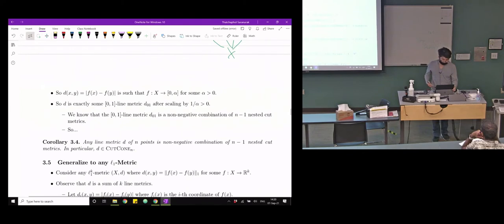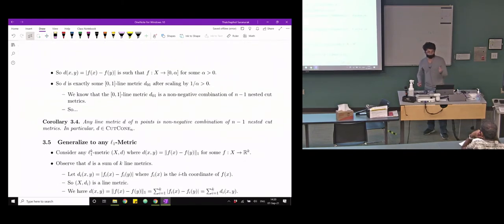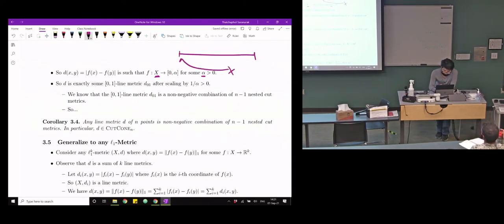So now the metric D is such that the mapping is not just anywhere in the real line. I assume now that the minimum point is at 0 and the other extreme is at alpha, so I map x from 0 to something in alpha.